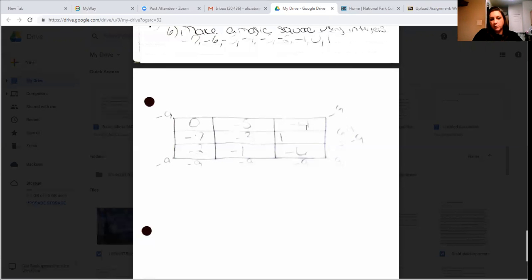Anything in this row will equal -9. Anything in this one, -9. Anything in this one, -9. Even diagonal. 0 plus -3 plus -6 equals -9. -2 plus -3 plus -4 equals -9. So they all equal -9, and that's my magic box.